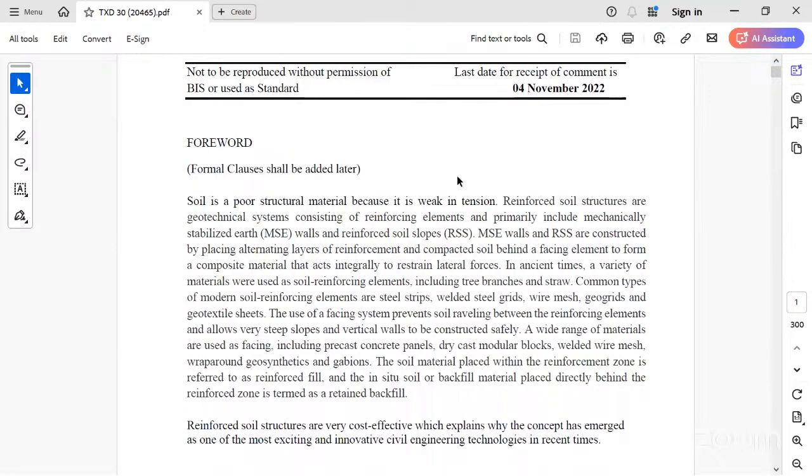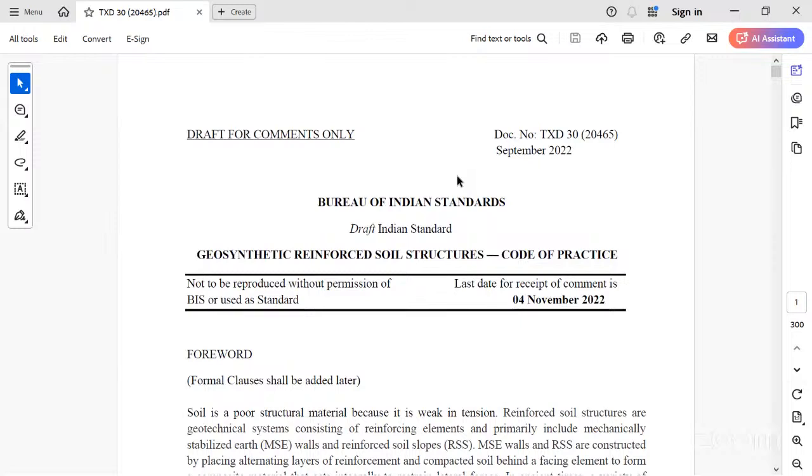I think it's not published. It is given that drafts for comments only. No, no, actually, now it has come back. I'm not able to find the final version. Okay, yeah, sir, it was a draft in 2022, but now it has come out.